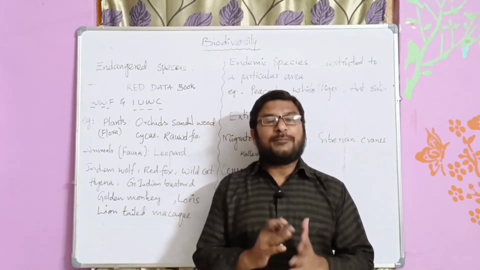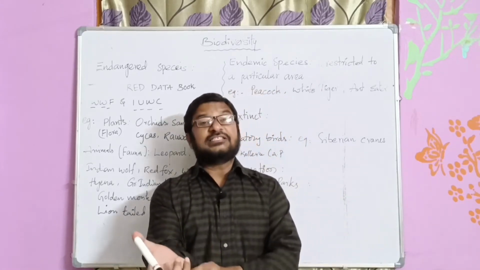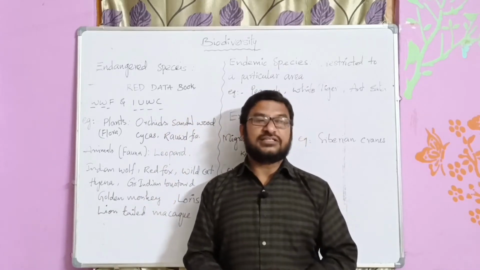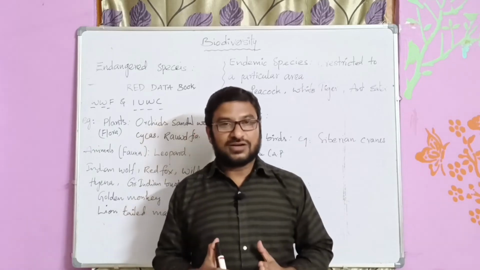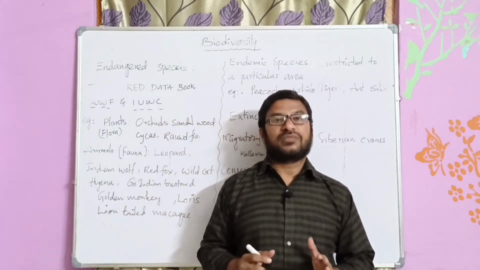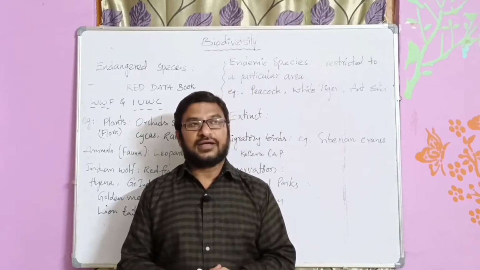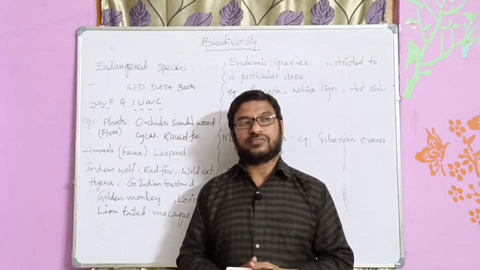If there is no proper biodiversity in this nature, there is a disturbance in the food chain. There is a destruction in the food web. So, biodiversity plays a prominent role in the survival of the organisms.